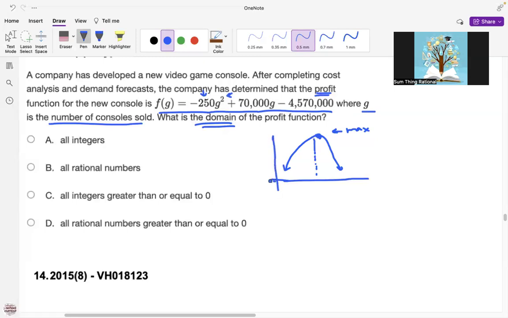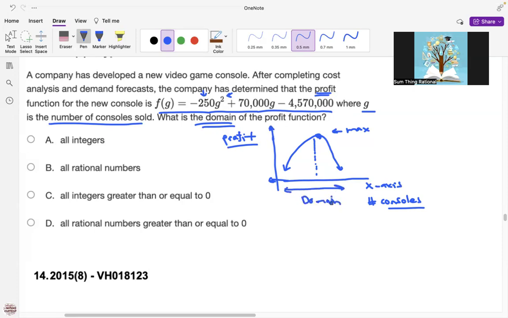The x-axis represents the number of consoles, and the y-axis represents the profit, how much they will get. So the number of consoles will be my domain, because along the x-axis I need to move to find the domain of the function.